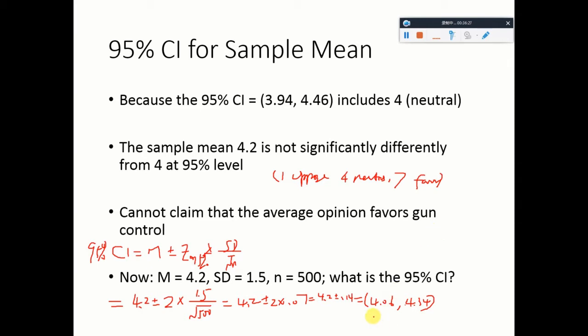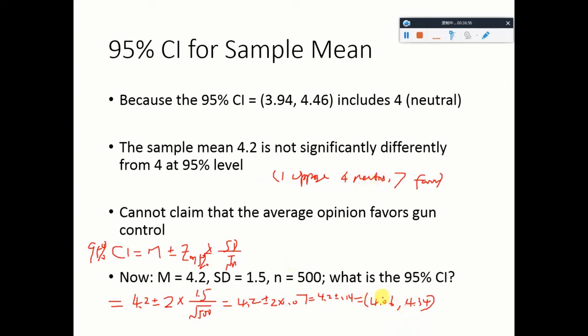Well, yes, you can. True, there will be fluctuations in the sample mean as we draw different samples from the population. But despite the fluctuation, the sample mean can be as low as 4.06, which is still greater than 4, the neutral point.